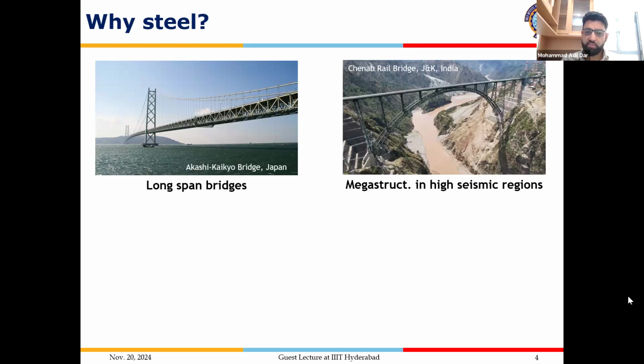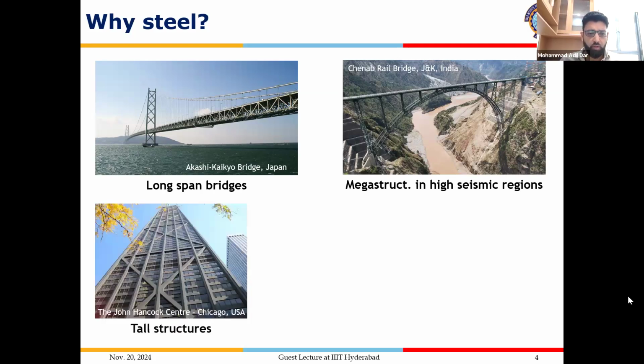Mega structures in high seismic regions. Now, this comes from my part of the region, J&K. This is Chenab Valley Bridge. Now, the structural designers have access to all the modern materials, but they chose steel. Again, emphasizing the role of steel in modern construction. Tall structures. This is John Hancock Center, Chicago. Again, steel being used.